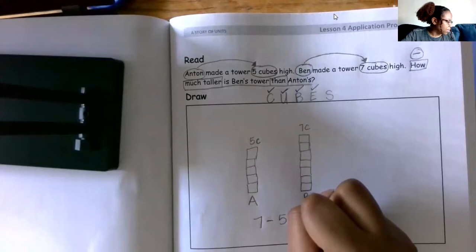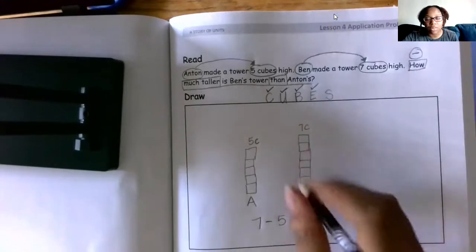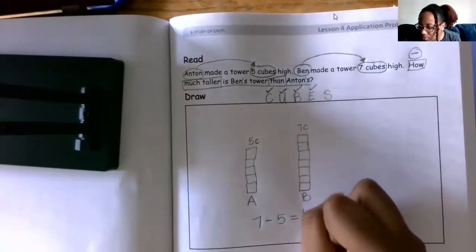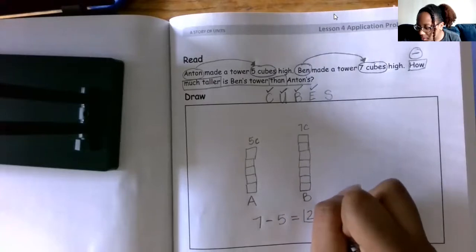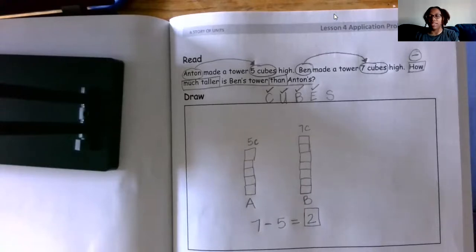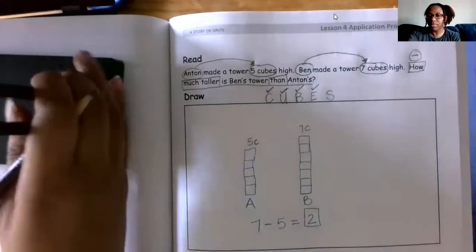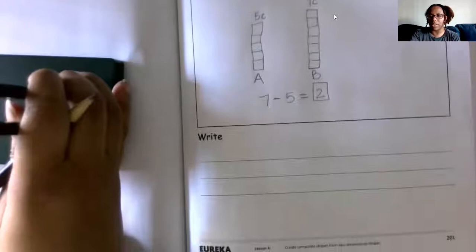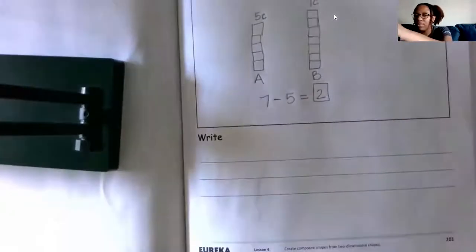Now remember, we want to box our solution. So now I can answer the question, how much taller is Ben's tower than Anton? To answer my question, I also get to write my statement.